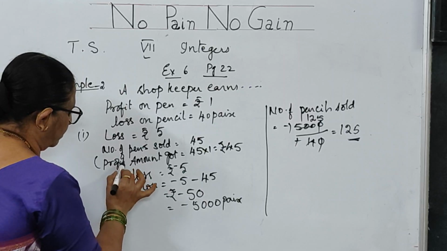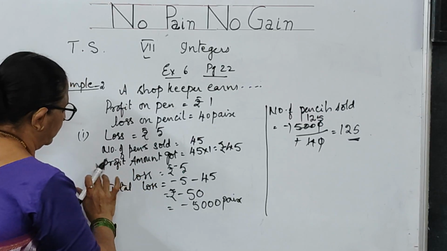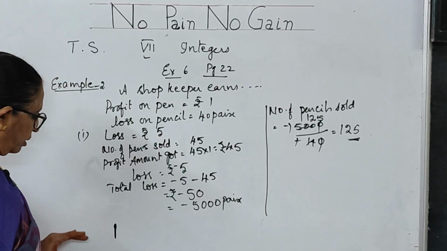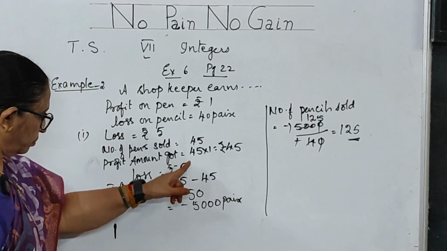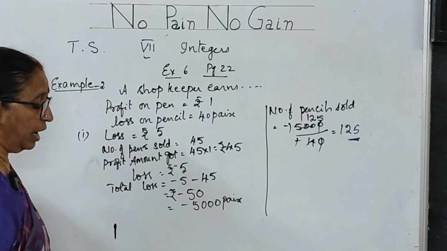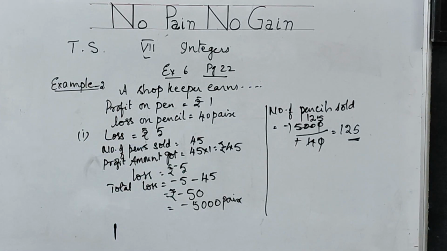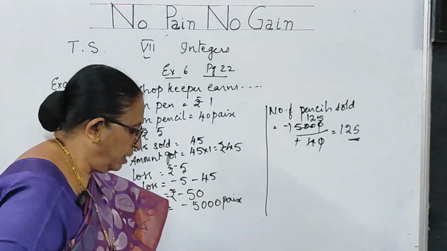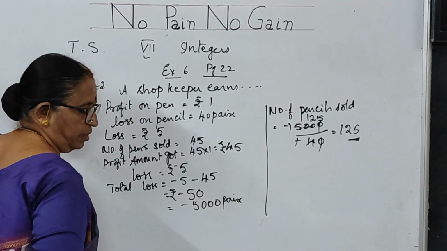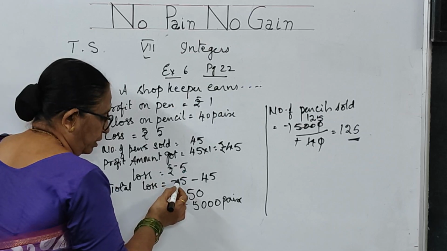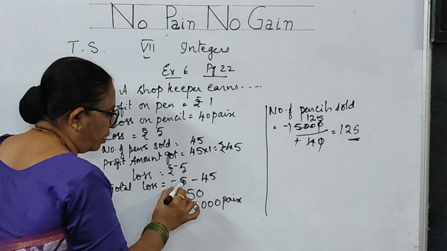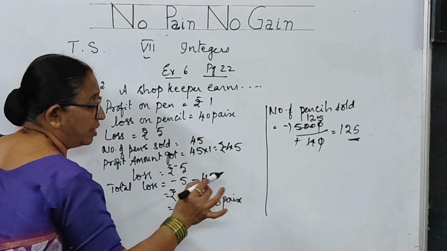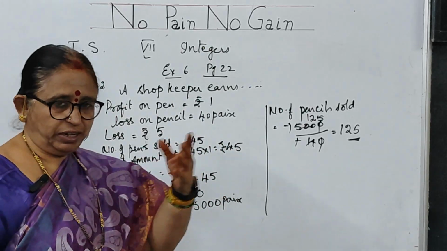Profit amount. She has got profit amount as 45 rupees. But ultimately in that month, she has got a loss of 5. Loss of 5 means minus 5. But not only that, the 45 rupees also has gone, no? Whatever 45 she got, she lost that 45.